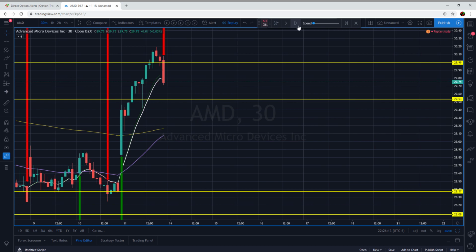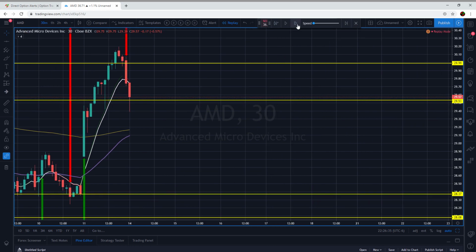So I'm not going to enter here, because like I said, it's an uptrend now, so we're only going to look for the green arrow for buy signals. Right now, see that? It went back to the support. The resistance became a support after you break over it. So now we need to look for another buy signal.